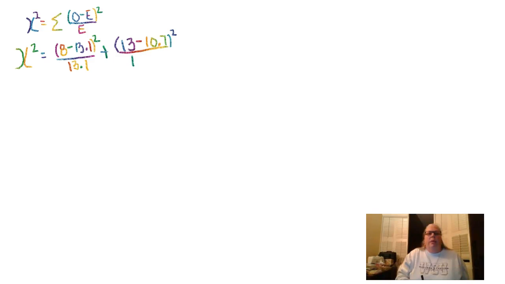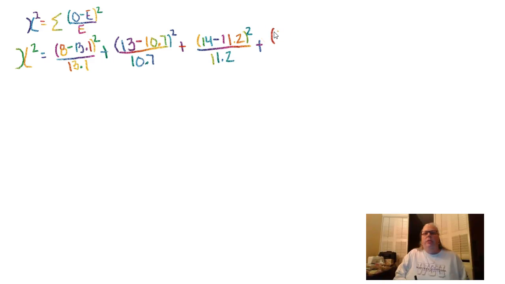And we're going to divide this by 10.7. And in cell A3 was the number 14, and its expected frequency was 11.2. And we're going to divide this by 11.2, plus, and now we can do cells B1, B2, and B3.